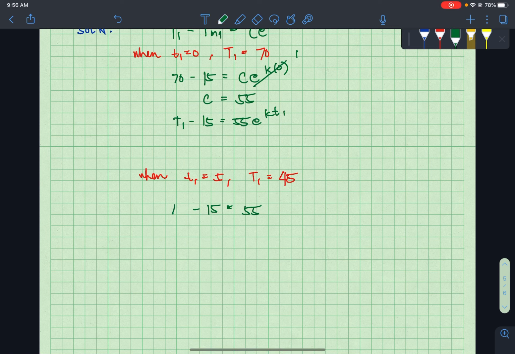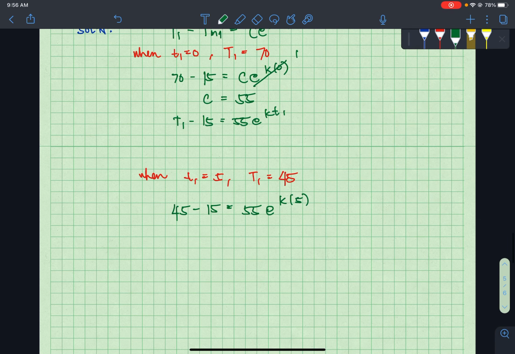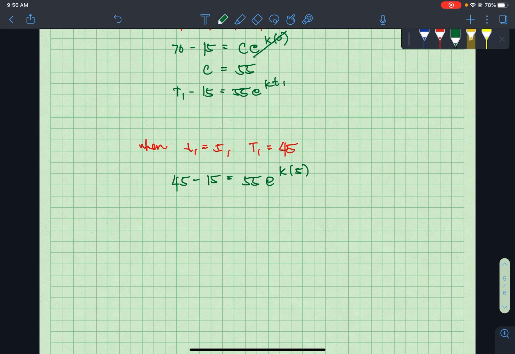So T1 is 45, so minus 15, so we'll have 30 over 55 is equal to e raised to 5K. Taking the natural logarithm of both sides, K is equal to ln of 6 over 11, divided by 5.